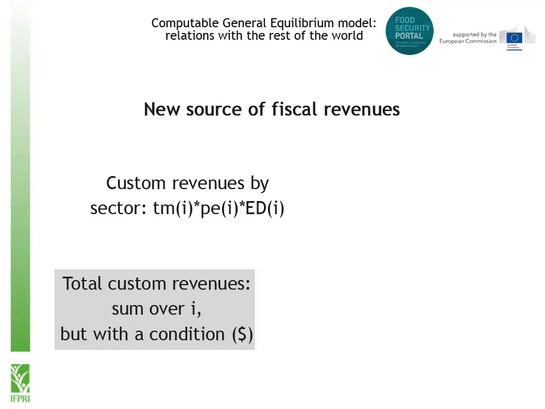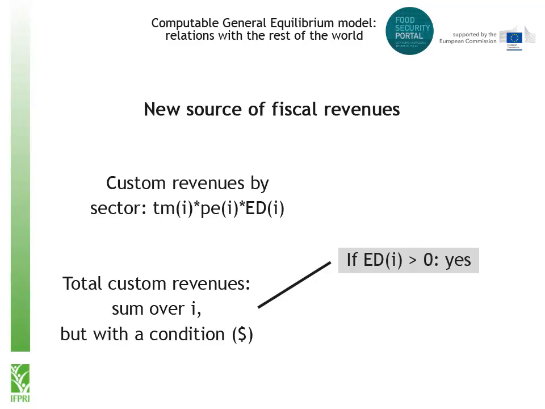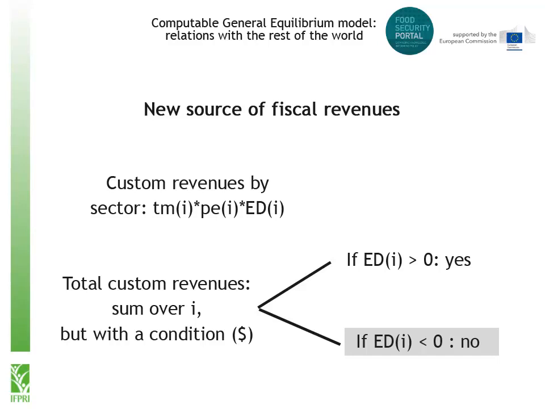So you have to sum over I custom revenues by sectors, but with one condition, which is dollar. And the condition is you must have ED, which is positive in sector I. So if it is positive, you must have it in the sum, in the addition, while if ED in sector I is negative, you must not select this sector to get total custom revenues.